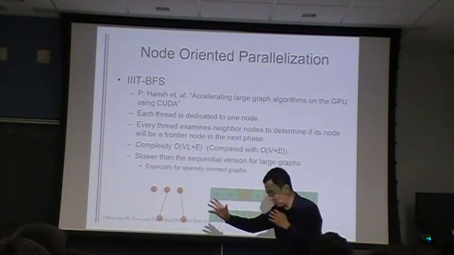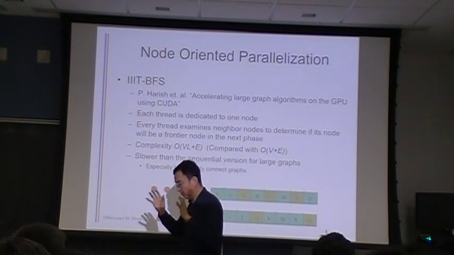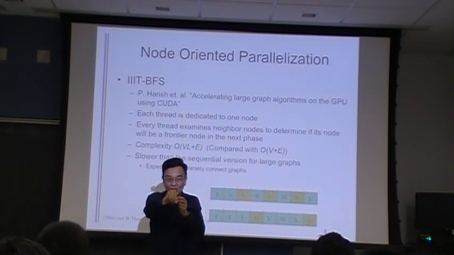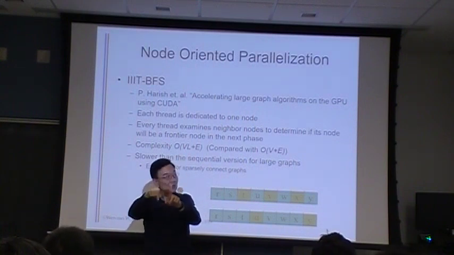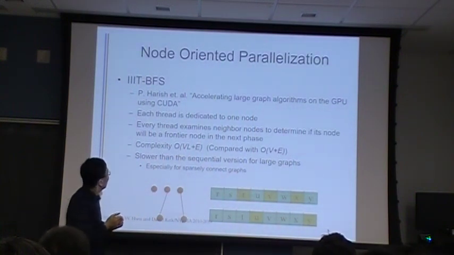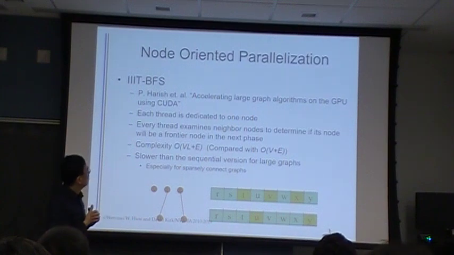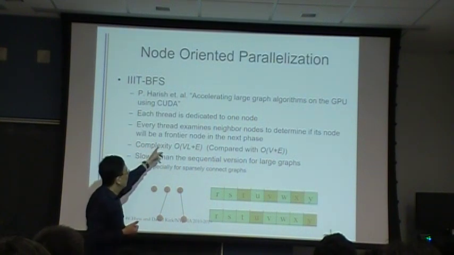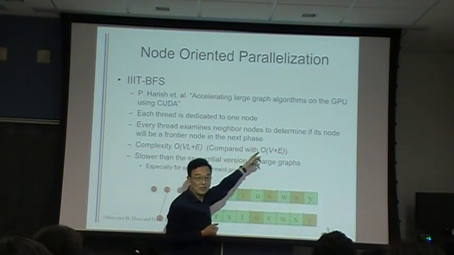Now with this approach, you say I'm going to make it very parallel. Every iteration, all these threads wake up, and every thread goes to a node and looks at its neighbors. What are we looking for? We examine the neighbor nodes to determine if this node will be a frontier node of the next phase.